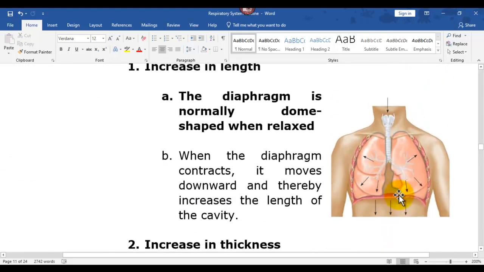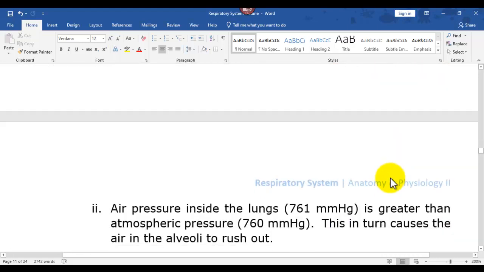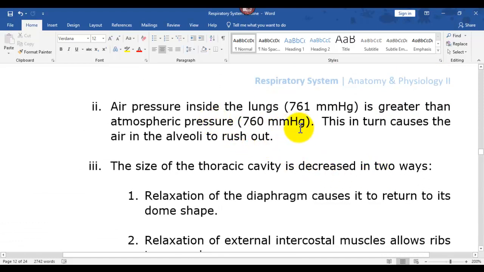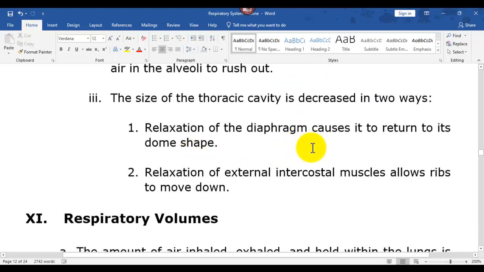The diaphragm relaxes, and the organs kind of push back up again, and the external intercostals relax, and the lungs recoil, and air moves out of the lungs. It does say there that the pressure increases temporarily to higher. I said you can't raise it inside, but it does temporarily, with relaxation of the diaphragm and then relaxation of the external intercostals.